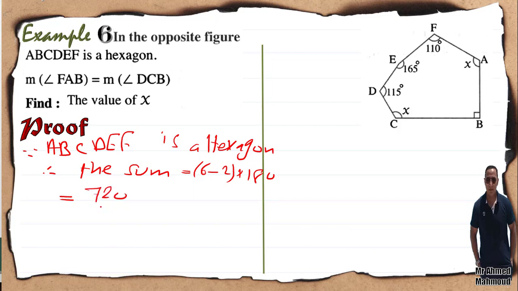Okay, now angle A equals X and angle C equals X, so A and C equal 2X.